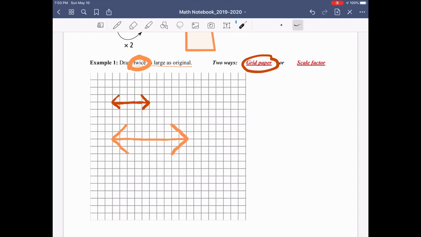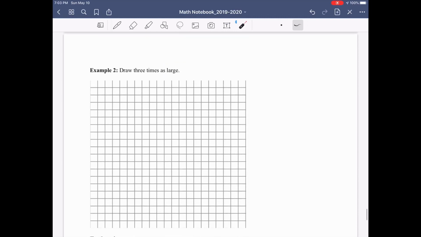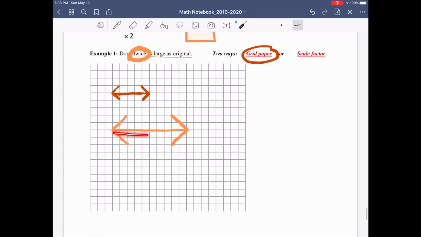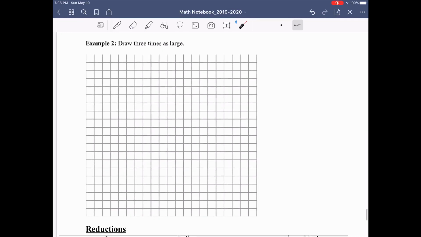Every single part of it got enlarged twice as much. So this is a true enlargement. If I just drew the line 10 squares long and kept the arrow 1 square across, it would not be an enlargement. It has to be the same all across.